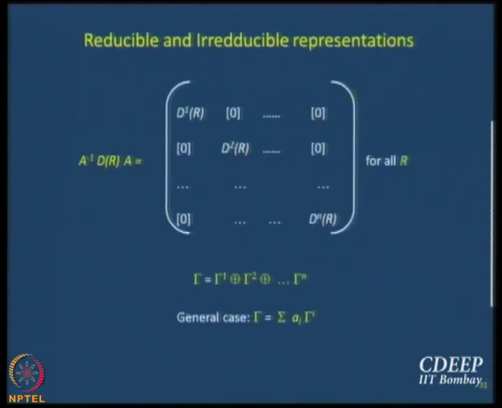Should I write gamma 1R? I am writing D1 and then R in bracket. Why will I not write gamma 1 and R in bracket? That is a silly question. Why will I not write R for gamma?